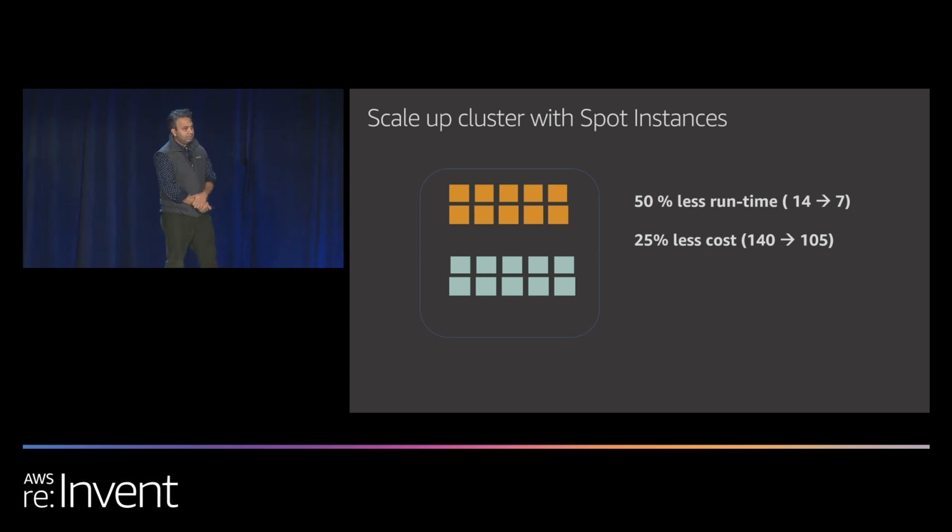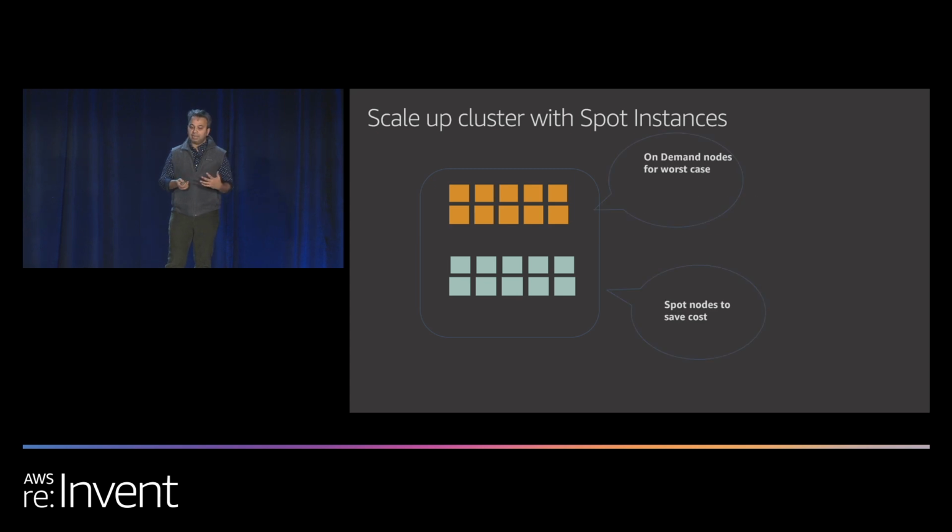So what I tell my customers is, if you can take your cluster and divide it into on-demand and Spot, take the number of on-demand instances that is the worst expectation from your business. So if your worst SLA to the business is 14 hours, and you need 10 nodes to always succeed in 14 hours, run those on demand.